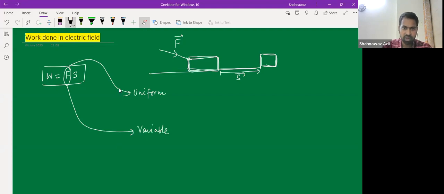If my F is uniform, then work done would be F dot S simply, right? And if my force is variable, then the work done would be the integral of F dot dr from 1 to 2. Is that clear, guys?